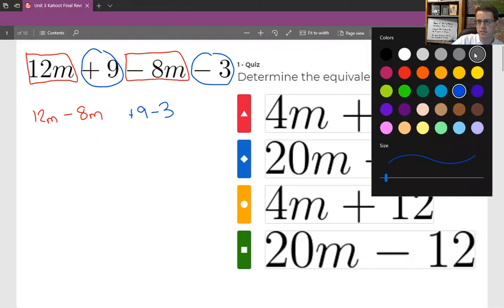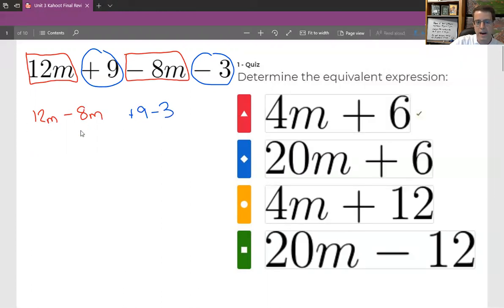This then simplifies. 12m minus 8m is 4m. 9 minus 3 is a positive 6, so plus 6, which is why the 4m plus 6 was our correct answer.